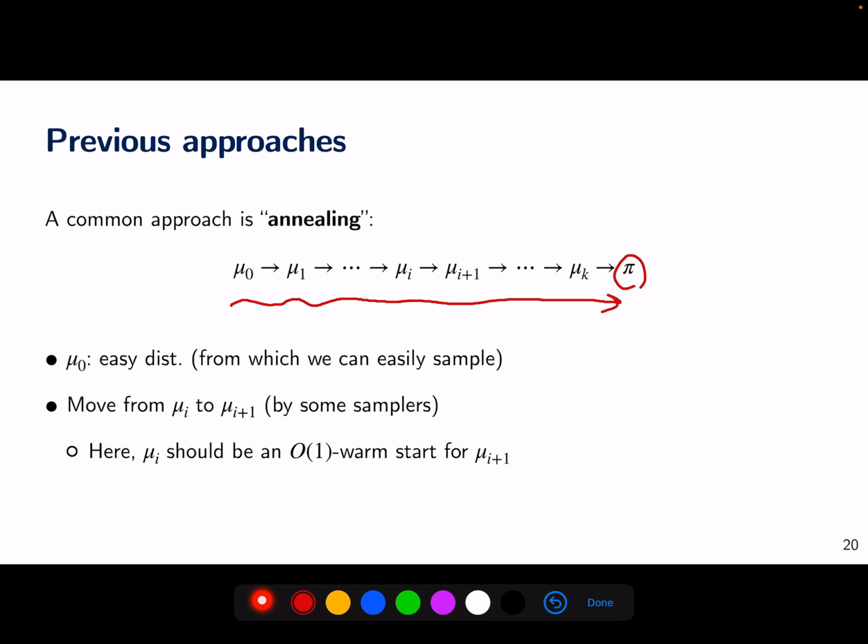For example, mu_0 should be easy to sample from, so that you can easily get started. Also, when you move from mu_i to mu_{i+1} along this annealing sequence through some samplers, ideally mu_i should be close enough to mu_{i+1}, O(1) warm, so that the transition from mu_i to mu_{i+1} is fast enough.